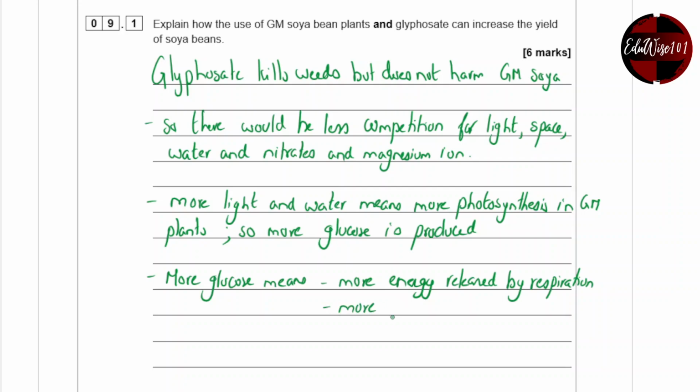More glucose also means more cellulose for cell walls. Right? More starch, which is a storage, right? Stored in soybeans, right?